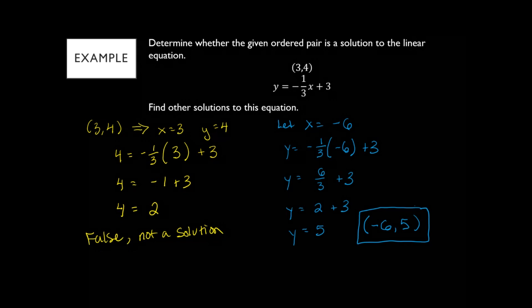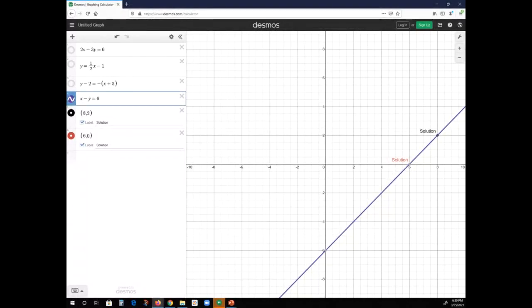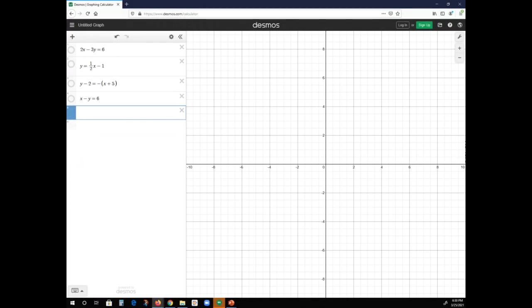So I'm going to bring up our Desmos graphing calculator to show you this. I'm just going to turn off all these other things. It still has the label, so I can hit X, and you can see that they completely disappear. So I'm going to type in our equation: y equals negative 1/3 x plus 3.